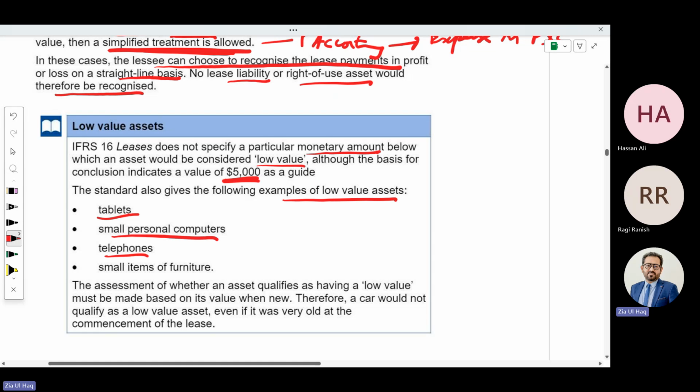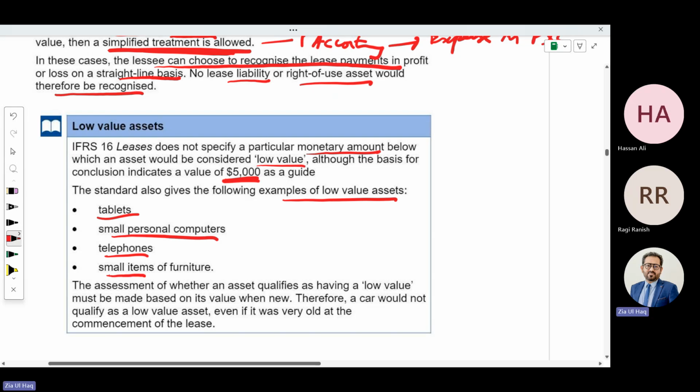What is the most expensive mobile phone in the world now? iPhone. What is the maximum value of an iPhone? $1,000 to $1,500 maximum. Not more than this. Initial model with low memory, 1,000. If you increase memory, that will be maximum $1,500.